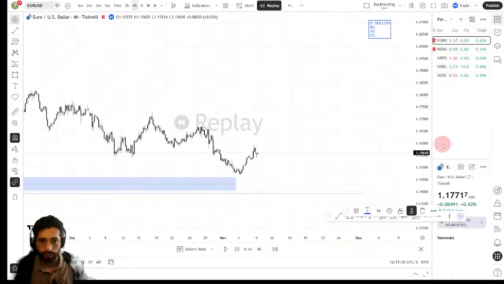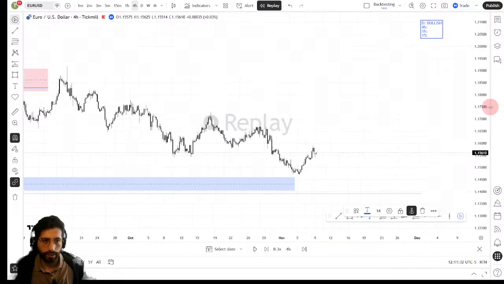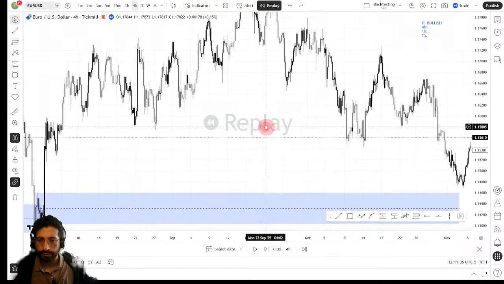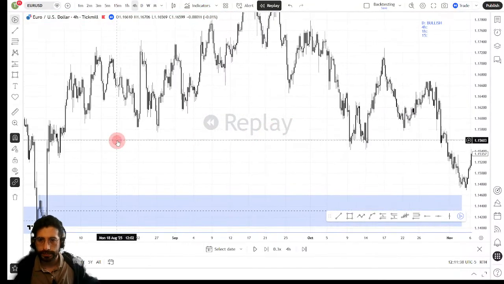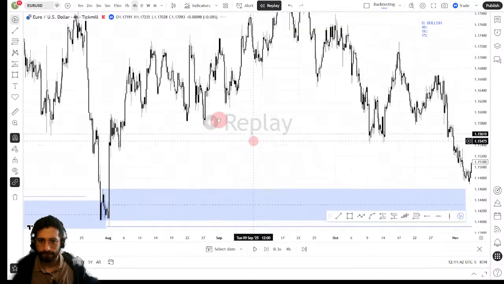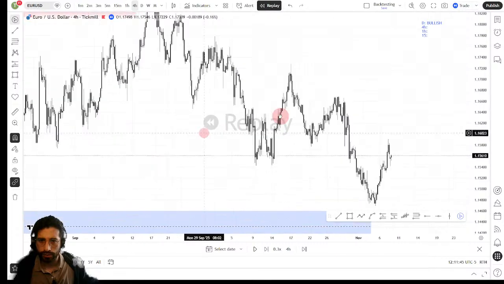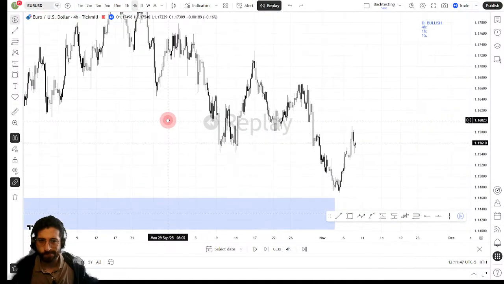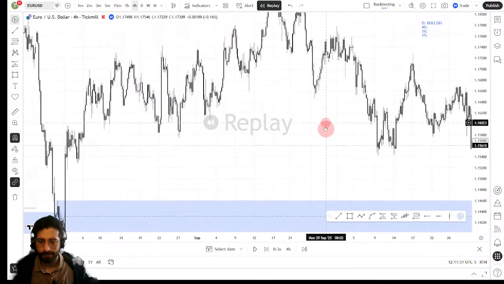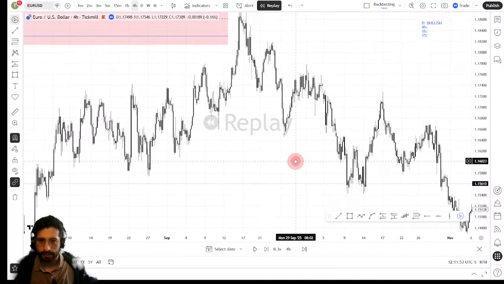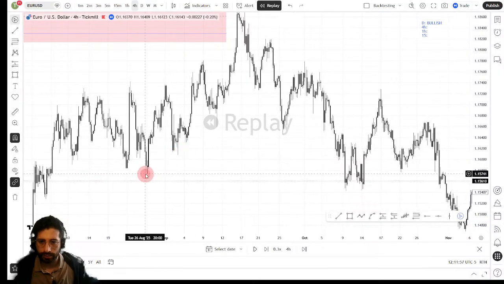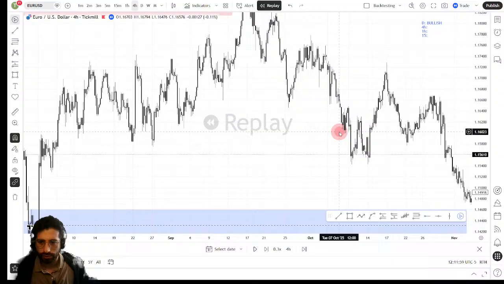So let's go to 4 hour time frame briefly. So in 4 hour time frame. Well. This becomes liquidity. That's why I break this structure.